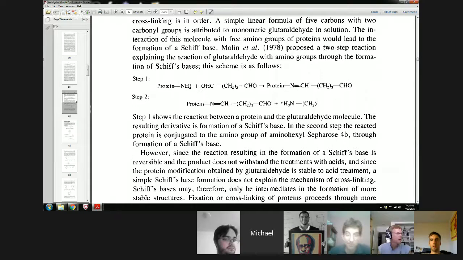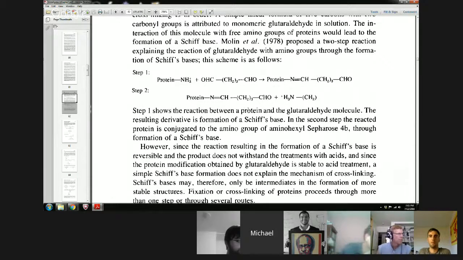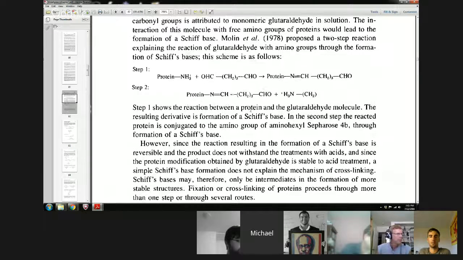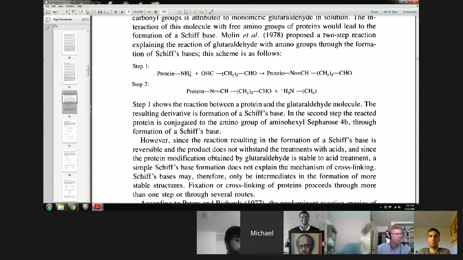It has to be maybe something more complicated than just a protein binding to each side. In step 1, you get the protein binding, but then you just go backwards because it's a reversible reaction, so it would not necessarily be something that's stable. Does that make sense? I'll explain that.